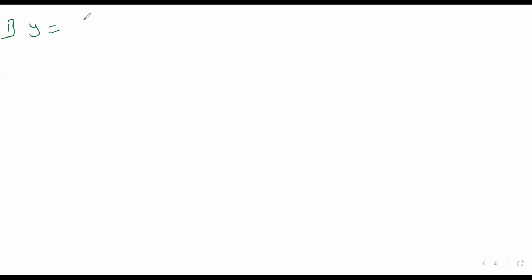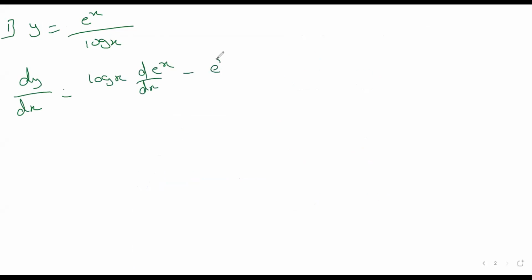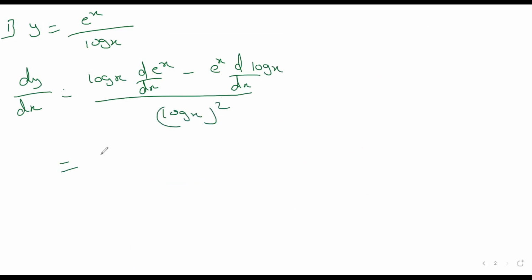So if this is e raised to x upon log x, तो इसका डेरिवेटिव क्या आएगा? dy by dx is log x d/dx of e raised to x minus e raised to x d/dx of log x, whole thing upon log x bracket square.